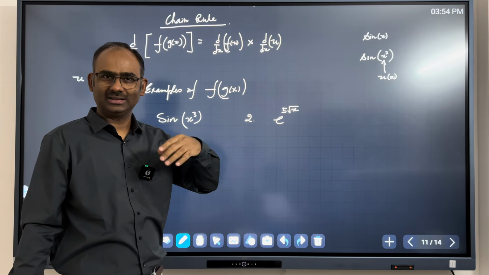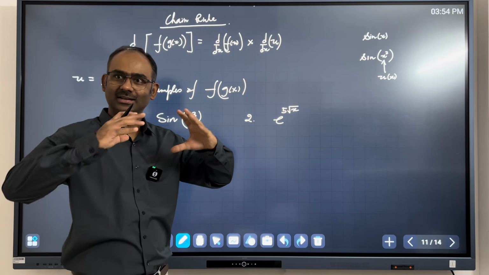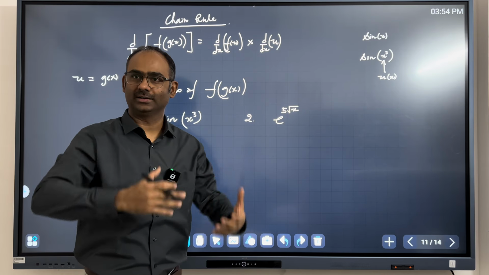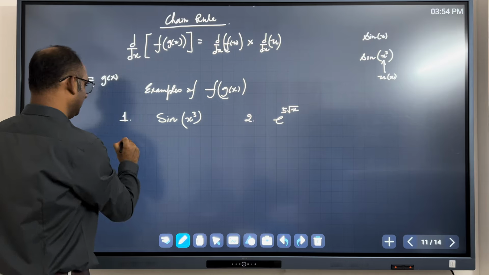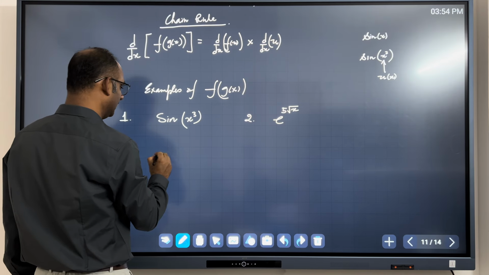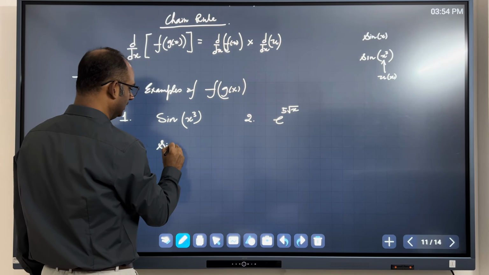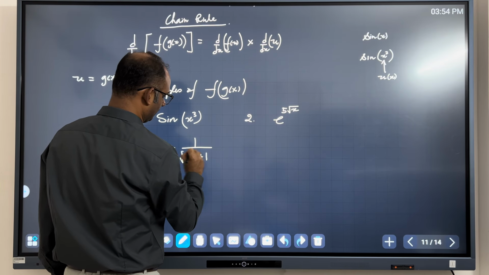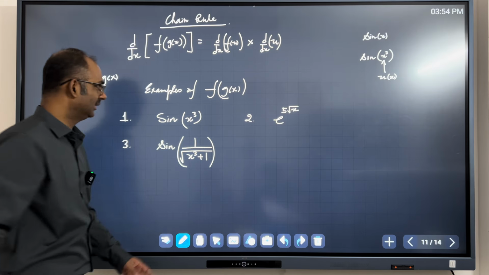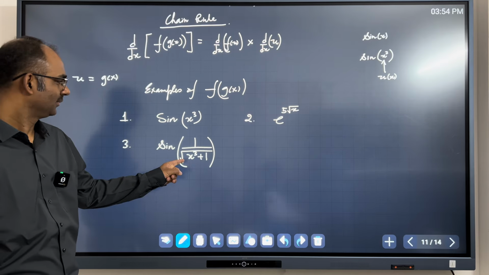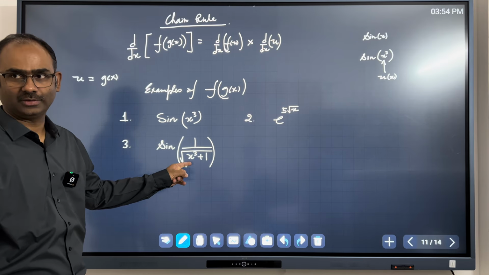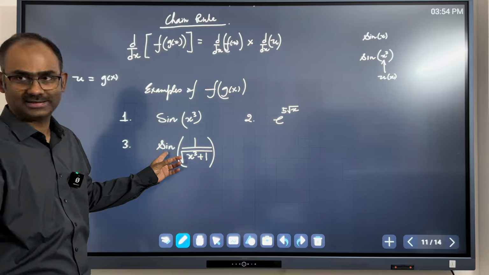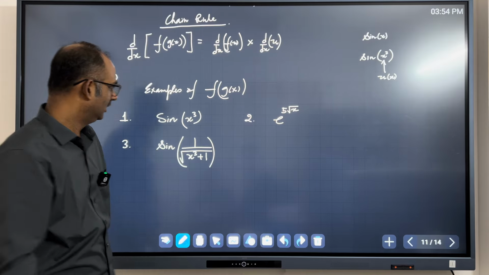Okay? It's not e. 5 is not e. It is taking g and putting in the exponent. Okay? Another example, it could be sine of 1 over square root of x cube plus 1. So what is g in this case? 1 over square root of x cube plus 1. And what is f? f is sine. Okay, one more.